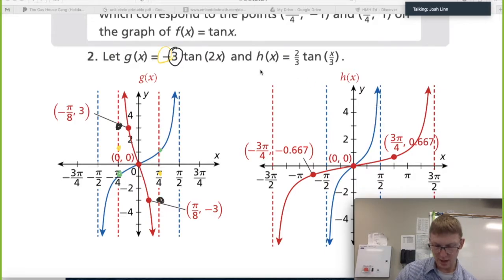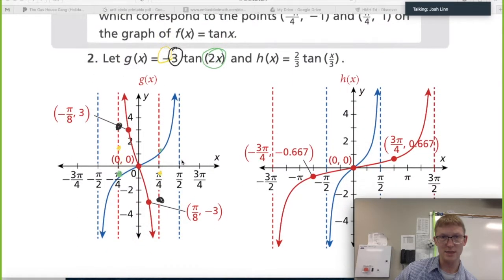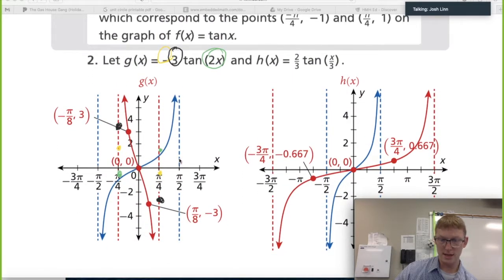So last but not least, we've got, I'm out of colors, blue-green again. We've got this thing that we have to deal with. So up above, we saw that f of x equals a tangent of 1 over b x. So we have our x. So 1 over b x equals 2x.